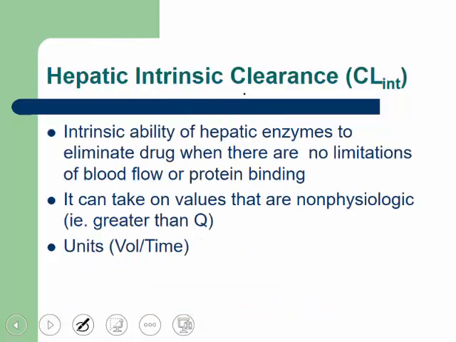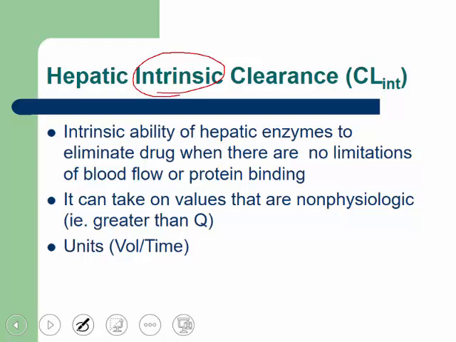Okay, intrinsic clearance. As we talked about with clearance concepts, intrinsic clearance is the intrinsic ability for the organ to actually metabolize, or I'm sorry, to clear drug. It can take on values that are non-physiologic.